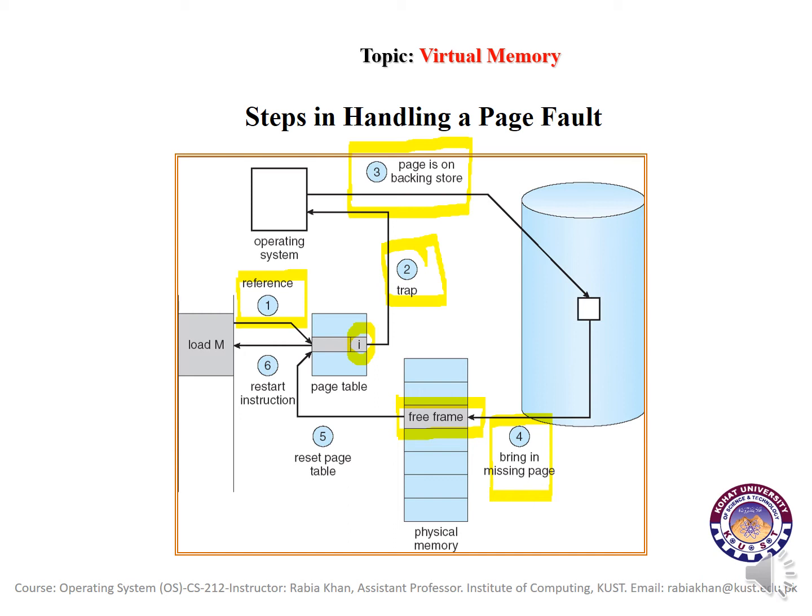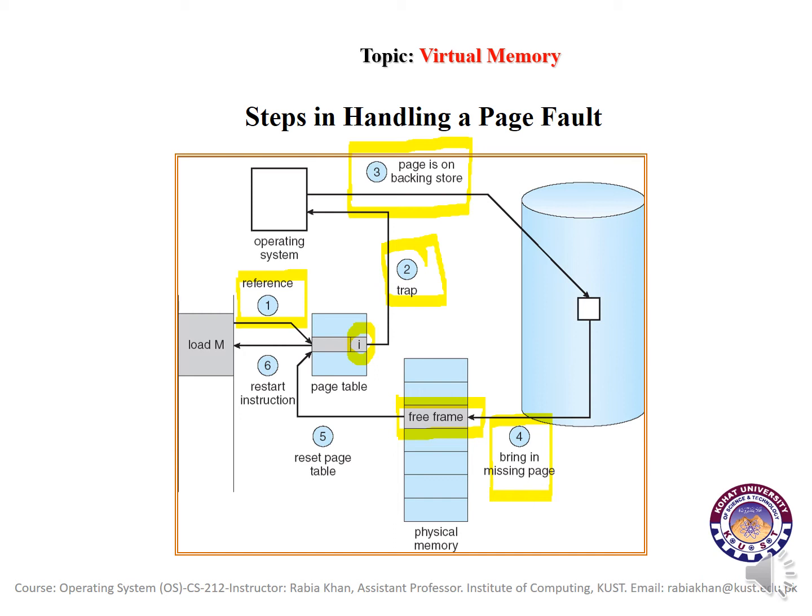We'll be discussing different page replacement techniques in the coming lectures. But for now, for this diagram, we suppose that the operating system finds a free frame in main memory. So the required, referenced page is loaded in that free frame.